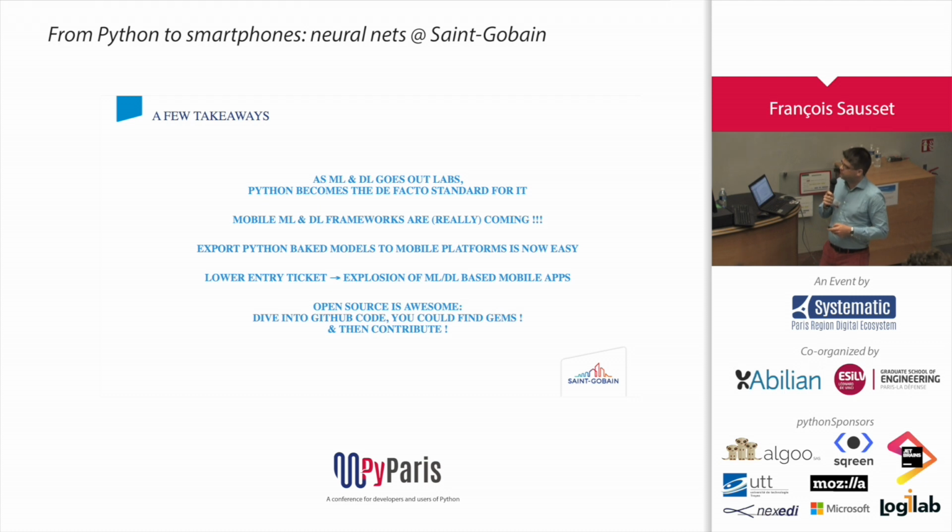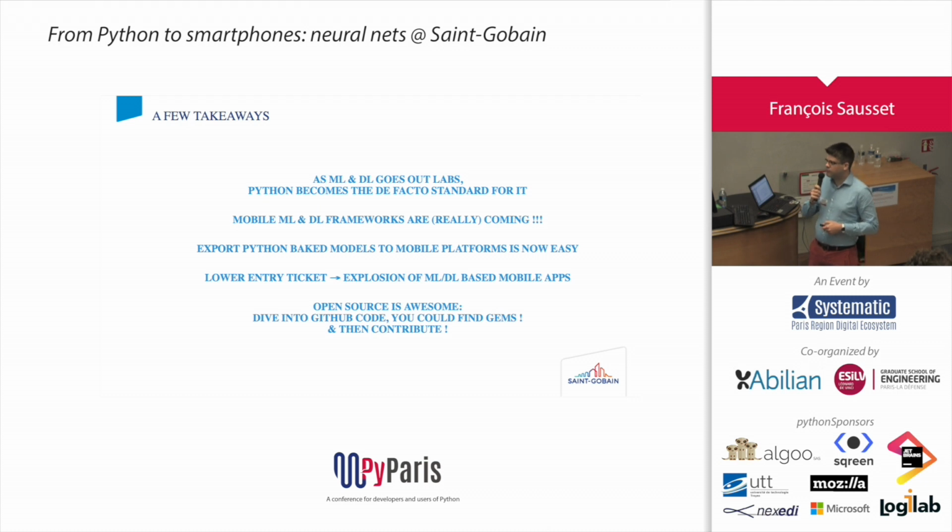And now it's no more a problem to export your Python-based model to one of these platforms, because with Core ML it's documented. With TensorFlow we did it, and it will be soon documented by Google. So at least two possibilities to do it. And one very nice thing is that the entry ticket to do some machine learning and deep learning on mobile is now much lower than before.